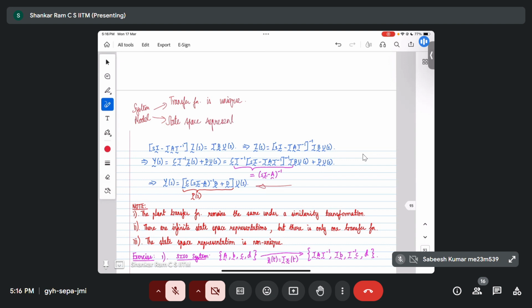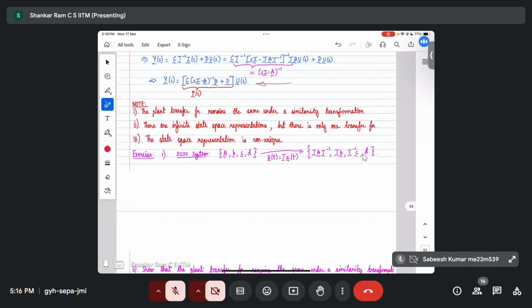That is what we have shown through this discussion. I leave this as an exercise for all of us to do.